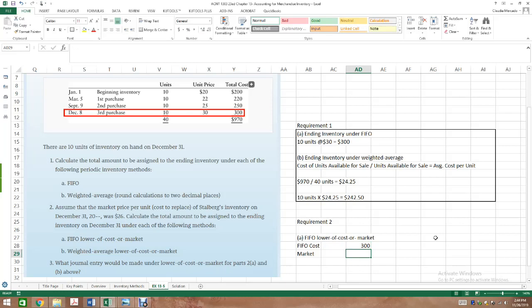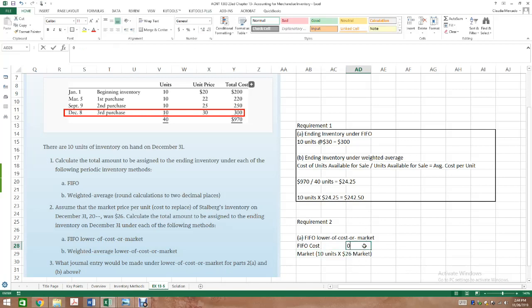I have 10 goods valued at $30 each. So I have my inventory at $300. Okay. Now according to the market, they're only worth $26. So I have 10 units times $26. Okay. This is market.